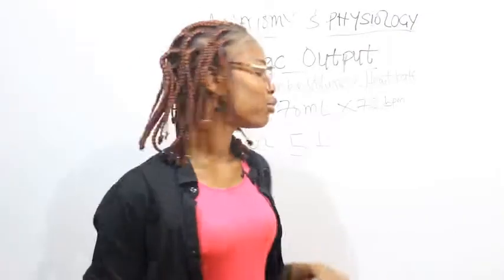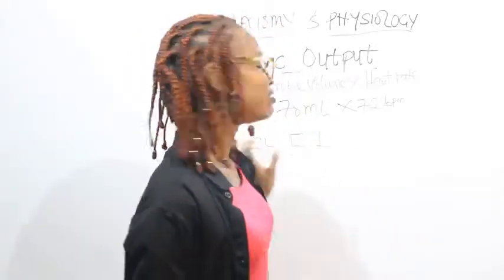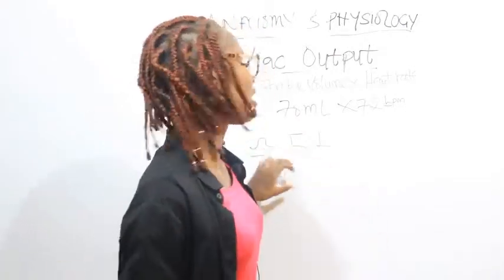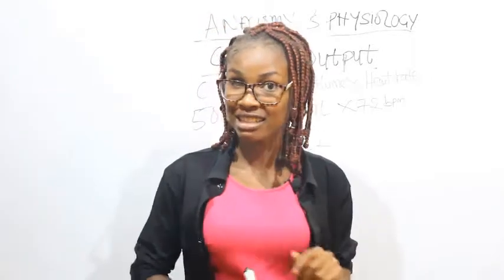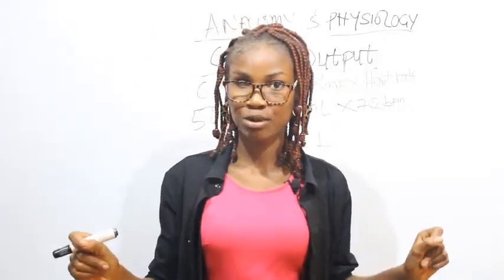You get it? So this is how we have that the volume of blood pumped per minute for an average adult is about 5 liters. This is it. So I want to believe you, my friend, you understand this part. If there is anything that should come out of here, we can sort it out.